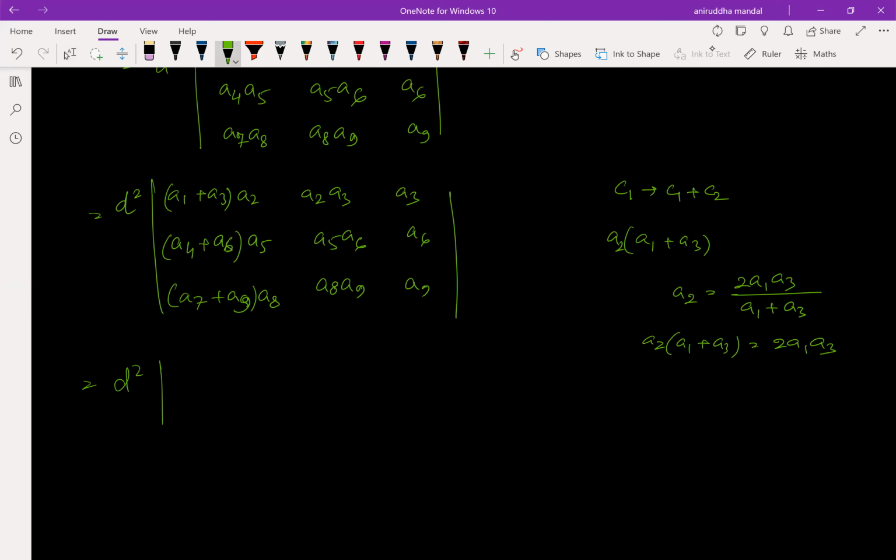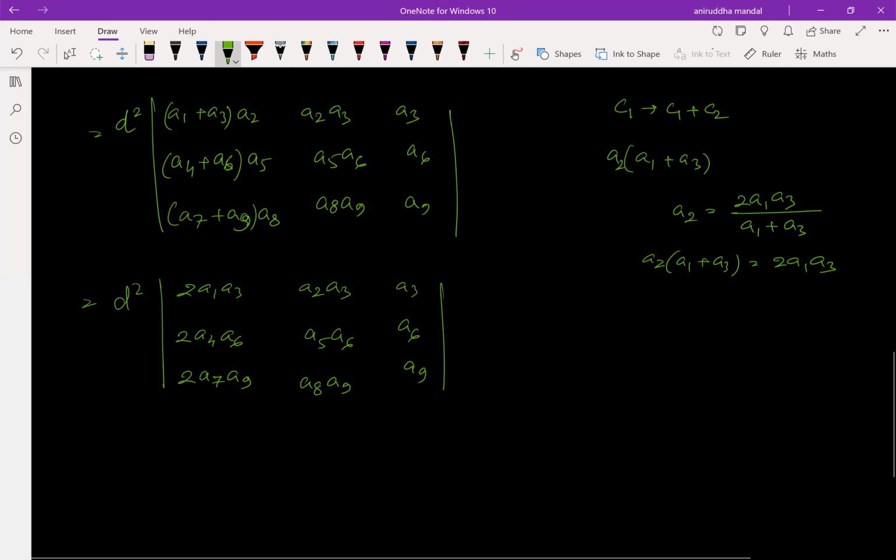So d square, we can write this as 2a1a3. So this is 2a1a3. Now this is 2a4a6, and this is 2a7a9. And here it is a2, a3, a5, a6 and a8, a9, and this is a3, a6 and a9.